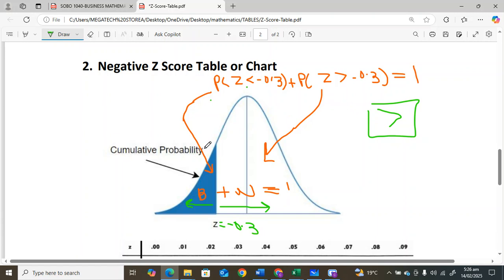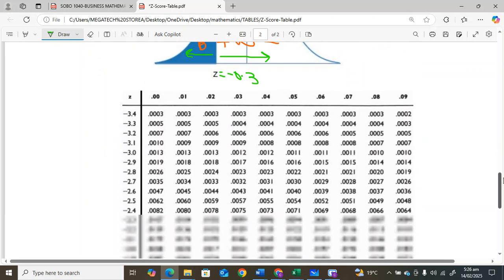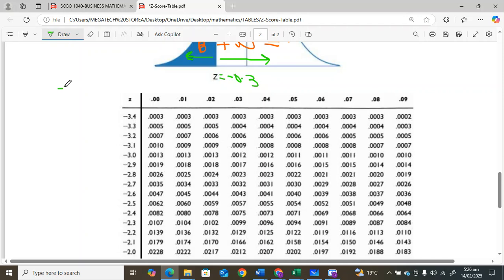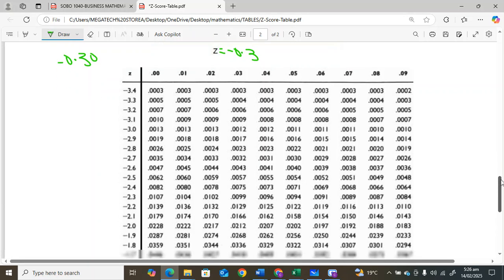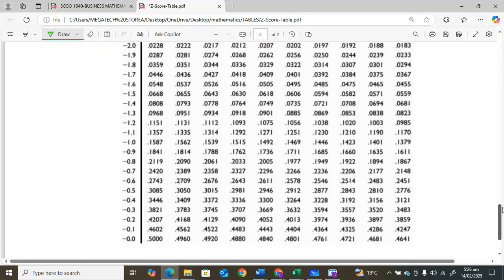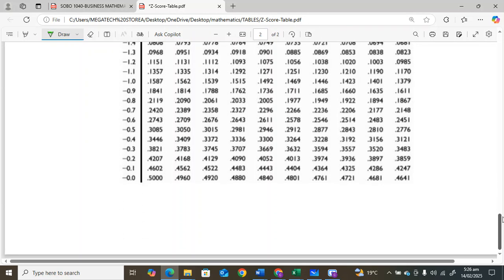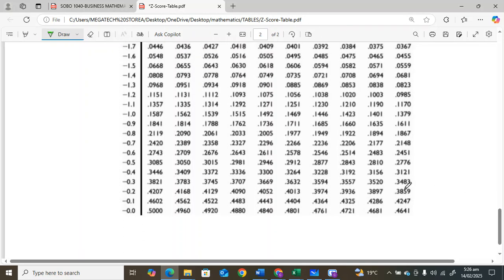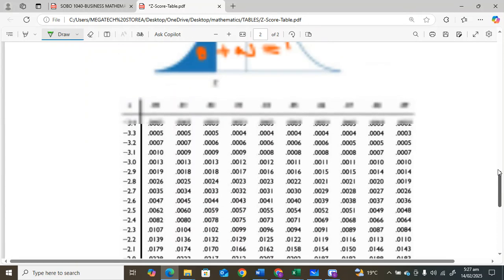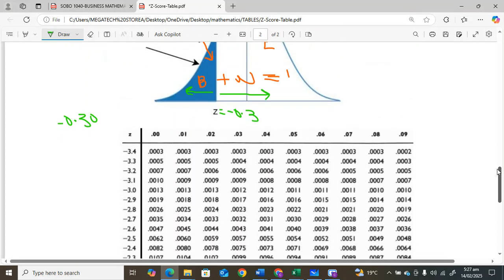So we come to our table. Before we read our values, any other question? From our table, can someone tell us how we read this?